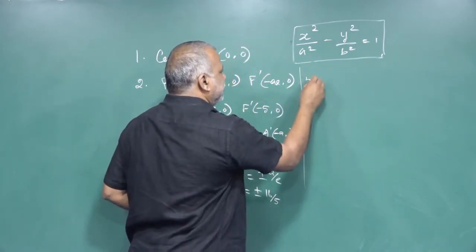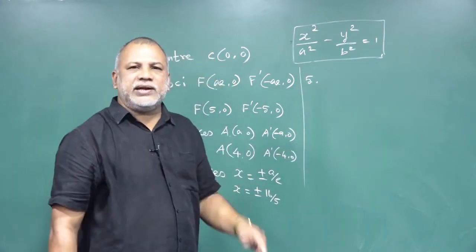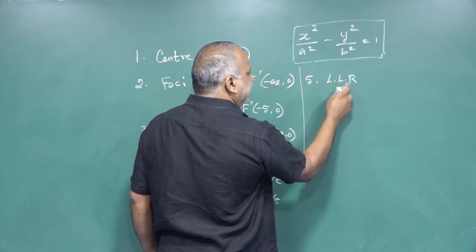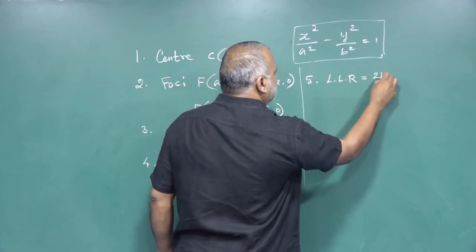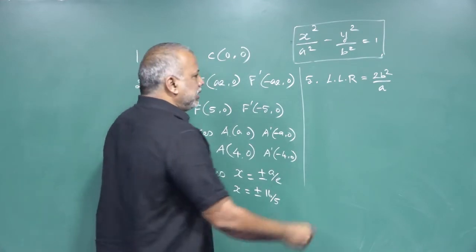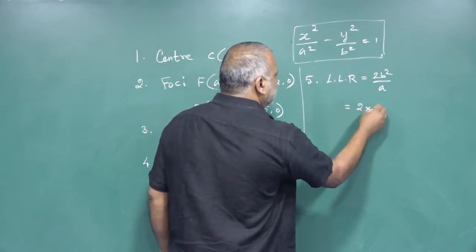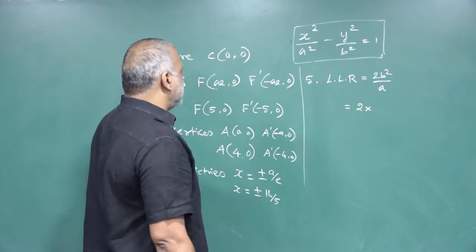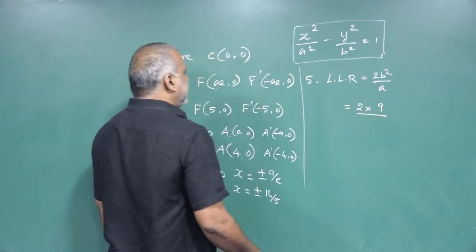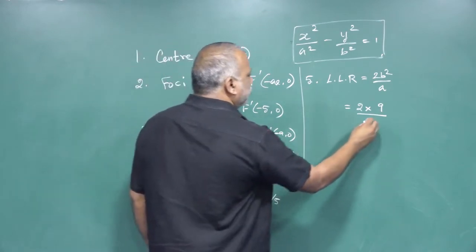Point number 5. What is the length of the latus rectum? I am writing L here. Length of latus rectum, what is the formula? 2b squared divided by a. See here, the value of b squared, which we just worked out, is 9, and the value of a is 4.